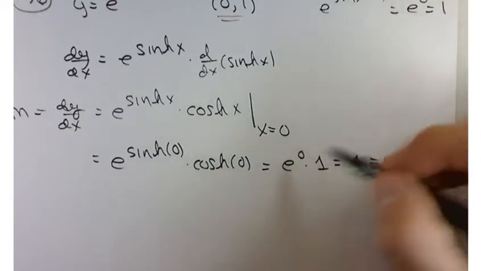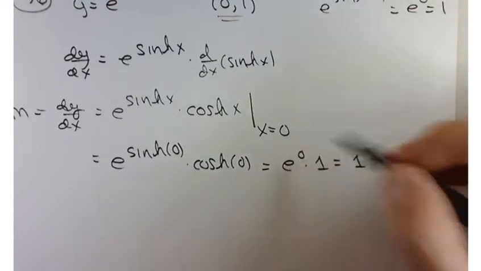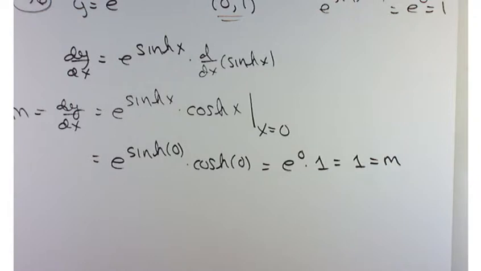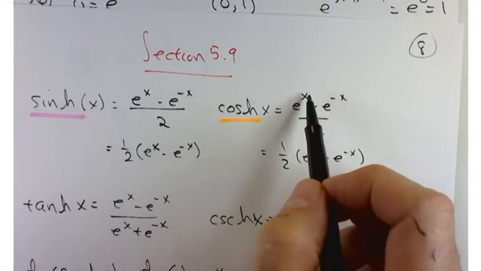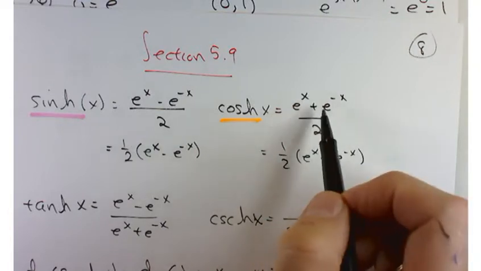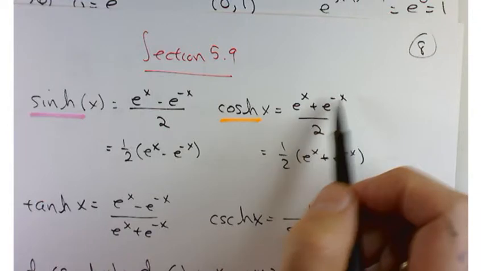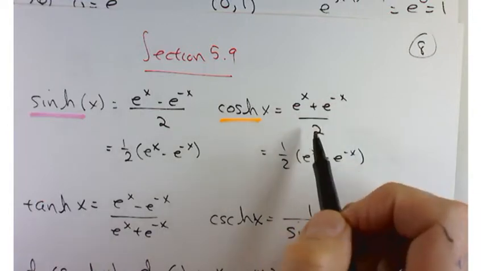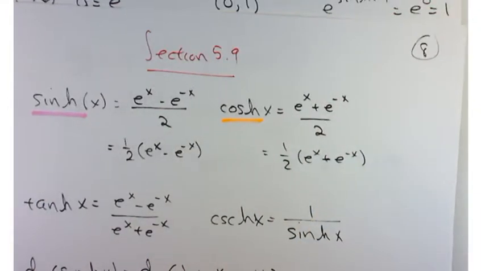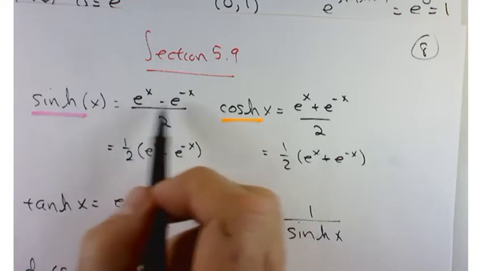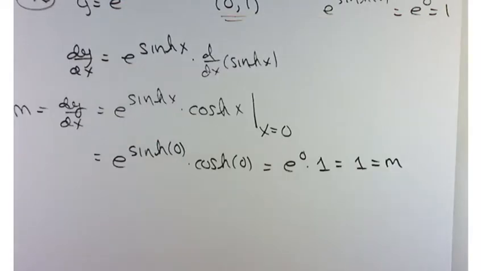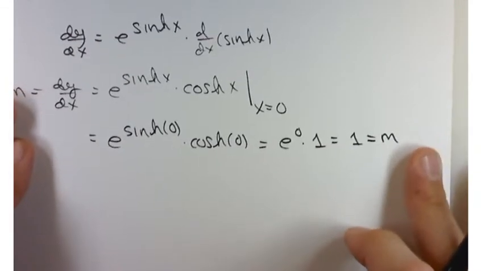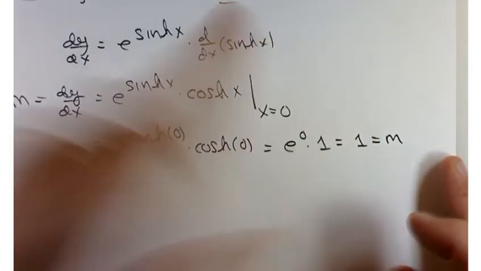If you're curious where these numbers are coming from, they're coming from the definition of sinh and cosh. Cosh of 0 would be e to the 0, which is 1, plus e to the 0, which is 1 again. 1 plus 1 is 2, divided by 2 is 1. And likewise over here, sinh of 0 is just going to be 0. So there's your slope.